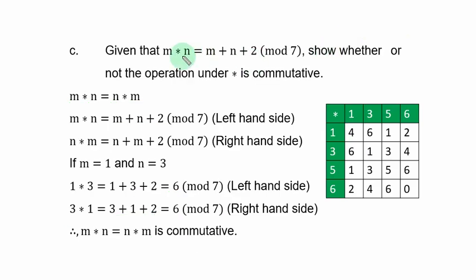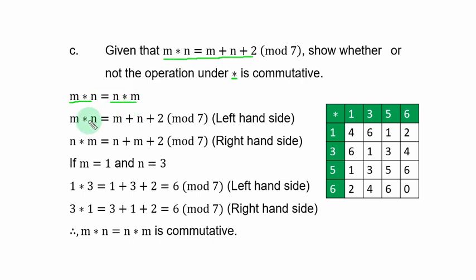Question C. Given that m asterisk n is equal to m plus n plus 2 modulo 7, show whether or not the operation under asterisk is commutative. So it means that m asterisk n is equal to n asterisk m for the operation to be commutative. So we have two sides, the left hand side and the right hand side.